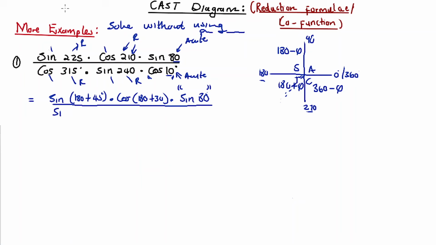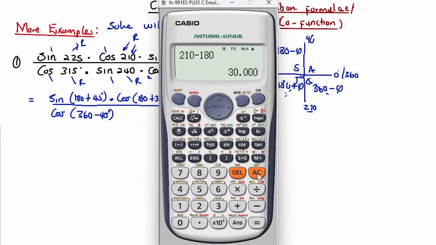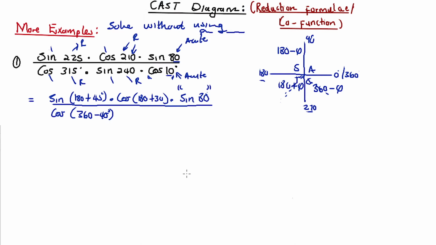So cos 315. We find this in the fourth quadrant, so it's going to be 360 minus 45. Let's just check, 360 minus 315, yeah, it's 45 degrees, multiplied by sine 240 again.